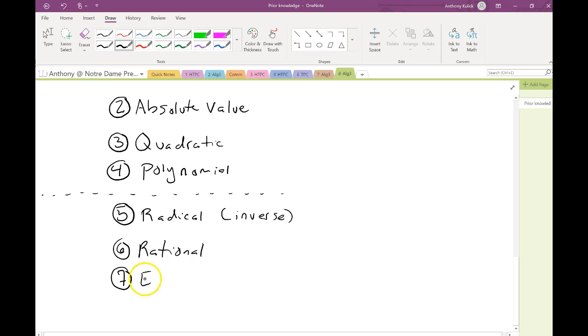Then we'll talk about exponential functions. And some of you might remember talking about exponential functions in your Algebra 1 course. If you took it as a high school student, it's very possible that you spent a little bit of time at the very end of the year talking about exponential functions.